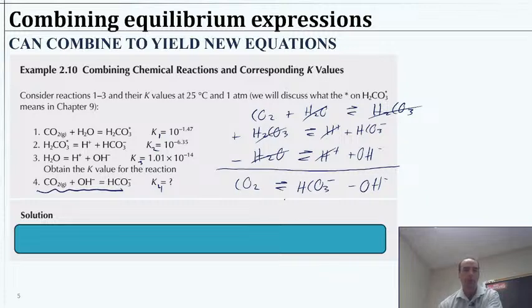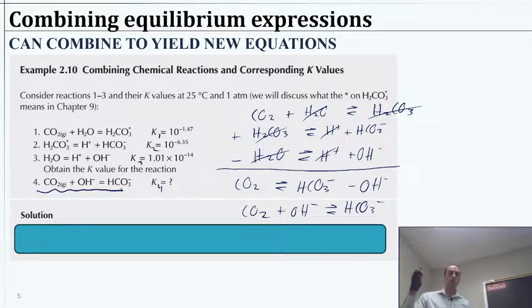We don't normally subtract, so that's just going to move over to the other side. And now that I look back on the other side, like back over here, that actually looks good, right? Because that should take that OH minus right where it needs to be. Okay, so that means we should do K1 times K2 divided by K3, right?